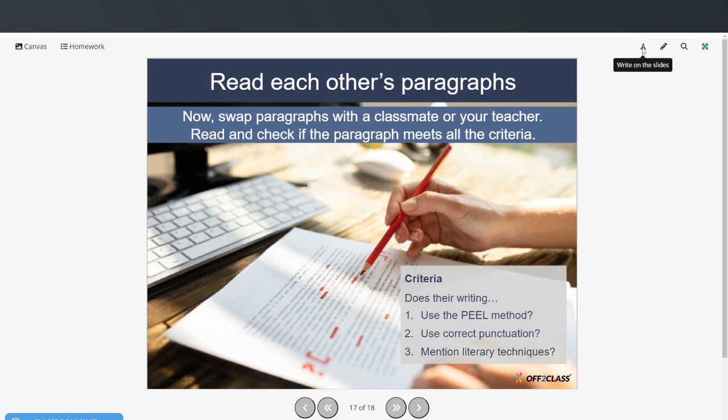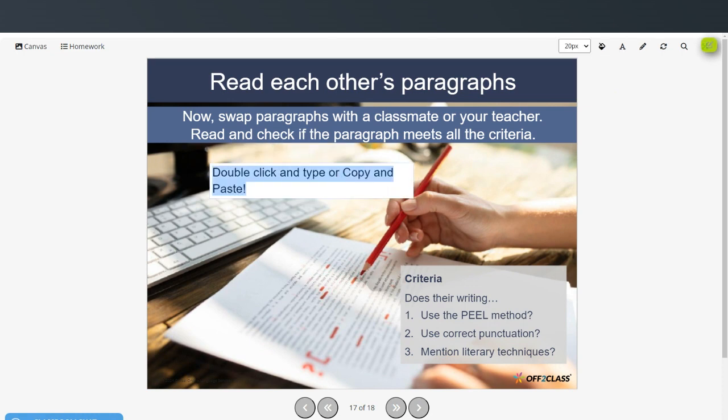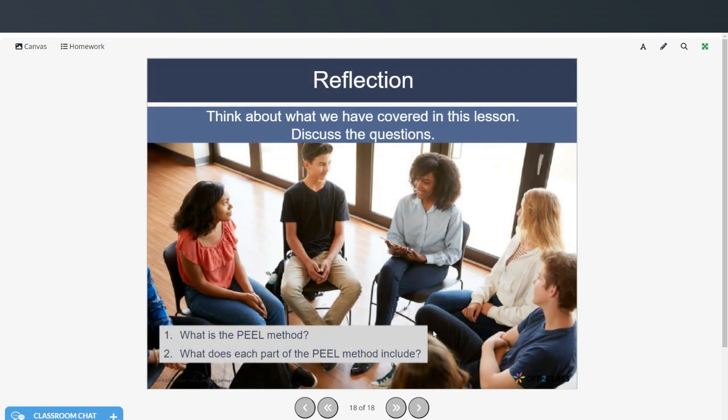And then if you would like some feedback on your paragraph, feel free to send that to me at my email address. And I'll give you some feedback as to whether I think that your writing used the PEEL method, correct punctuation, and mentioned literary techniques.